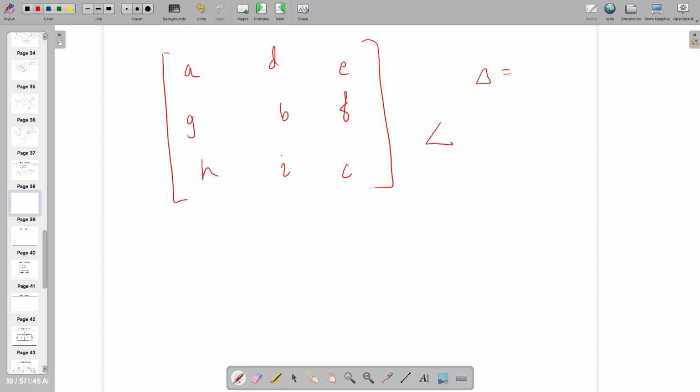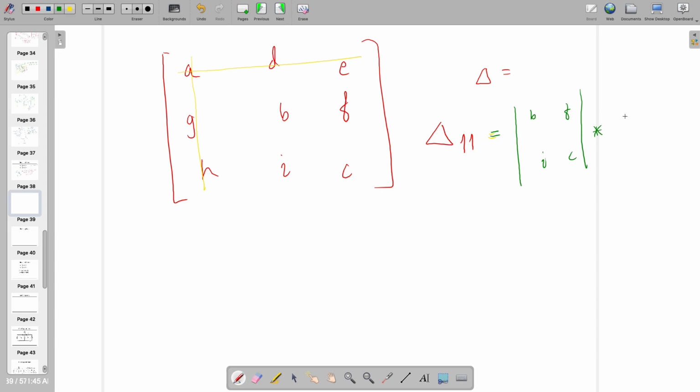If I am interested in finding delta 1 1, I need to remove the first row and first column. Whatever is left, find the determinant of that, but you need to decide whether this whole thing will be multiplied by plus 1 or minus 1.